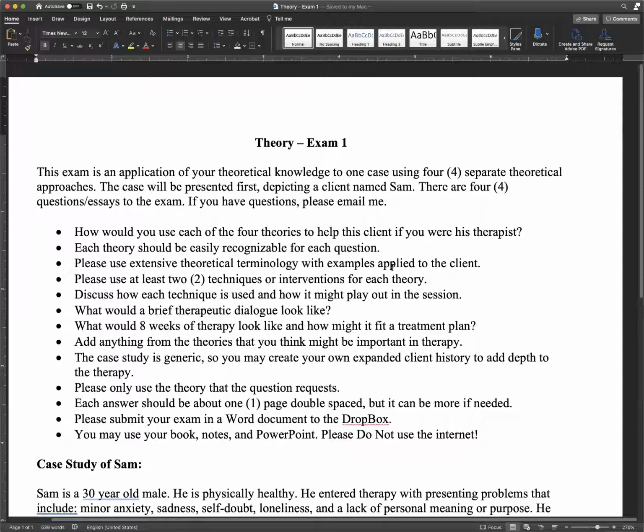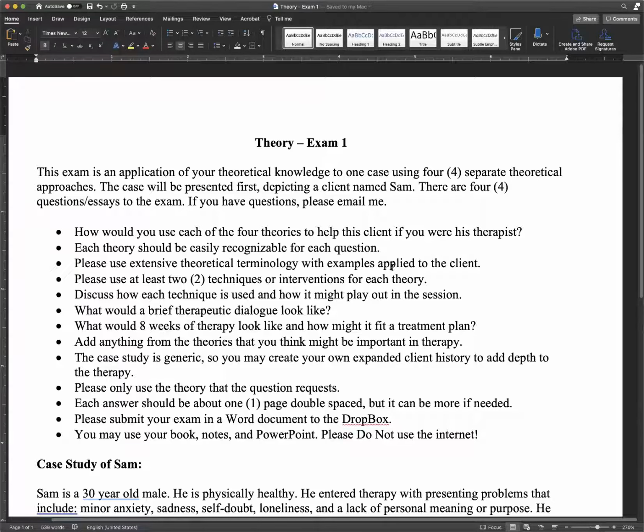If you have questions, please email me. If you have any problems with the Dropbox, just email me your exam, the answers, just so I get it. But Dropbox is the best way because everything would be on D2L then.